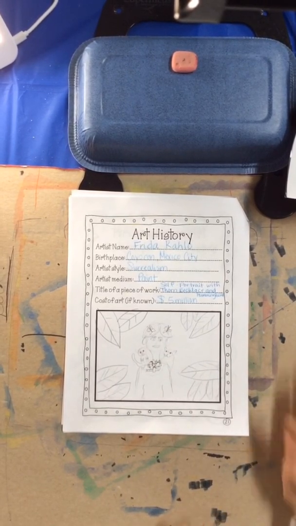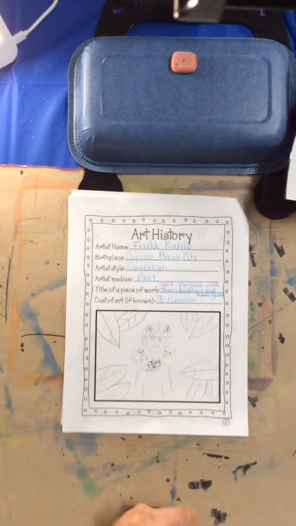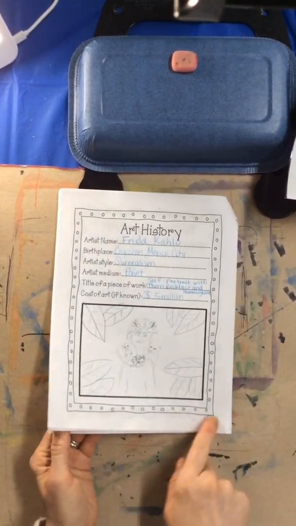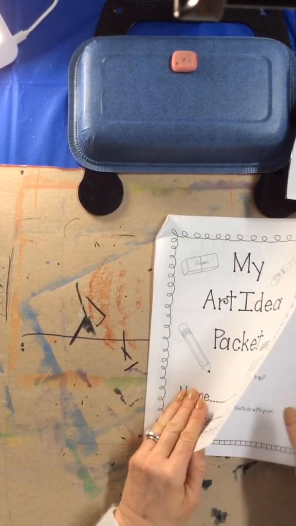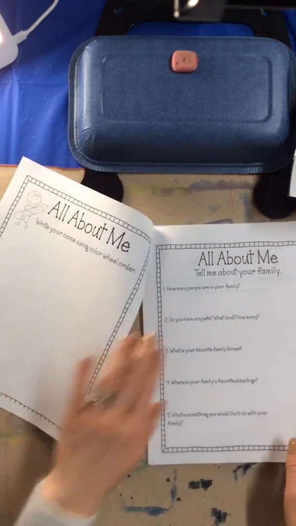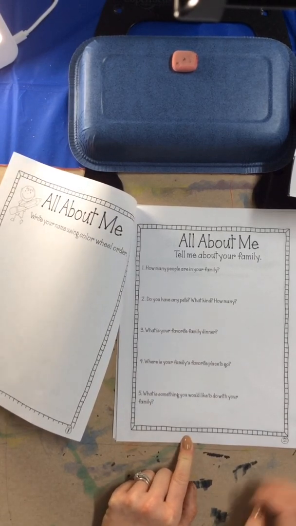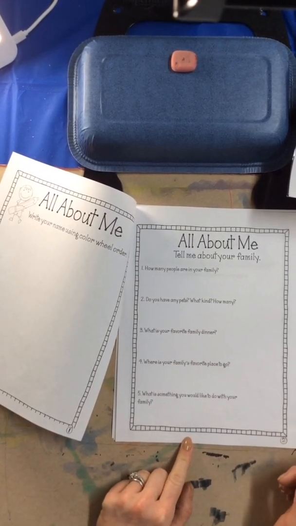Okay, friends. So you have a lot to work on today. Okay, so I want you to make sure you check page 21. And you're going to work on page number 2, all about me.